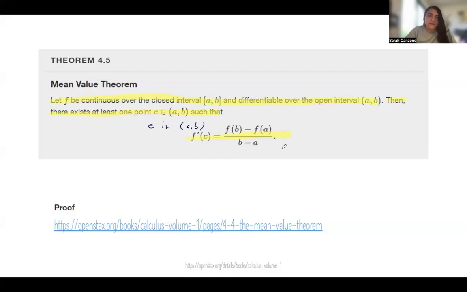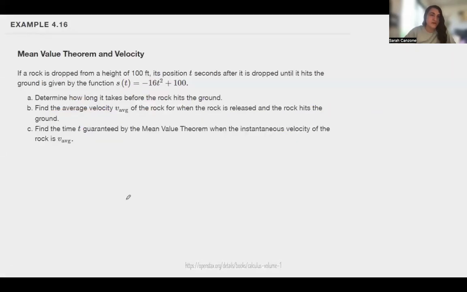You'll recognize this as just the slope of a line given 2 endpoints. So this is saying that there's some f prime of c, the slope of the tangent line, that is equal to the slope of the secant line, which is exactly what we saw. If you want to see the proof of that, this is a link. All right. So there aren't too many examples that we're going to do with this, honestly.